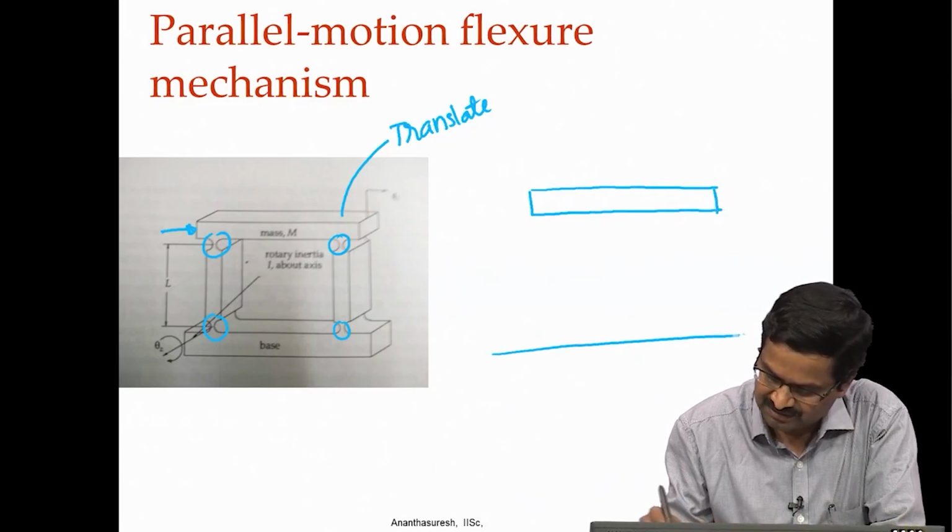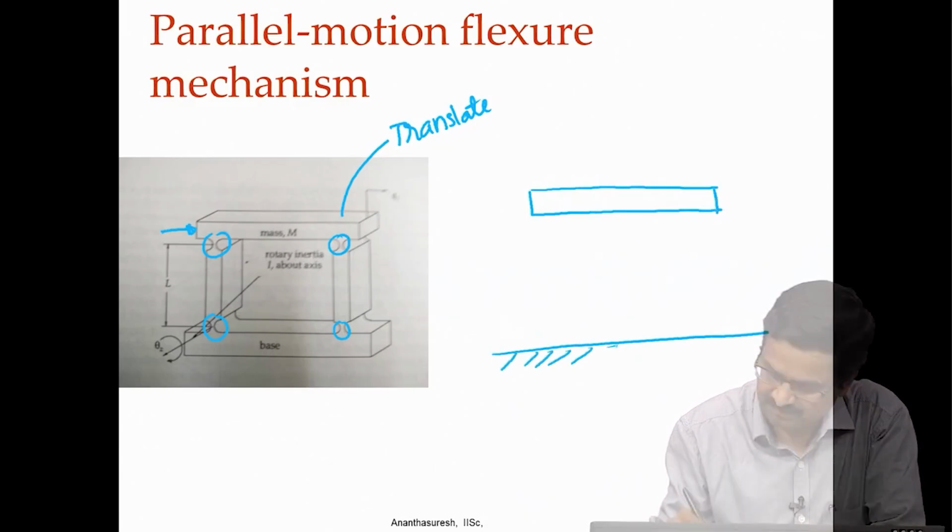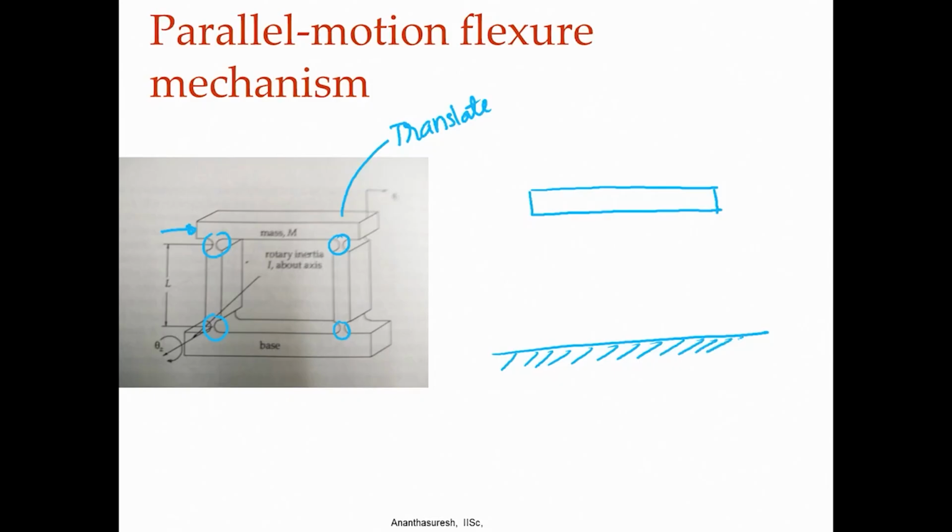So, I will just plot the 2D mechanism. We have the base, this is the base. Instead of using what we called elastic pairs, we have 4 of them in this. Instead of using them, now we will use elastic segments or beams, slender beams.